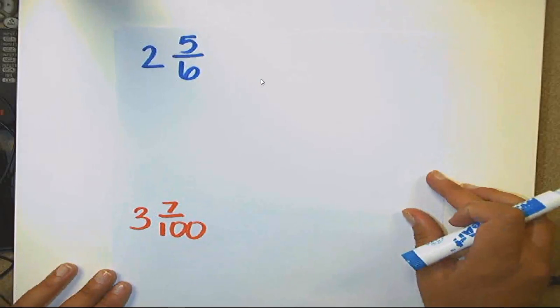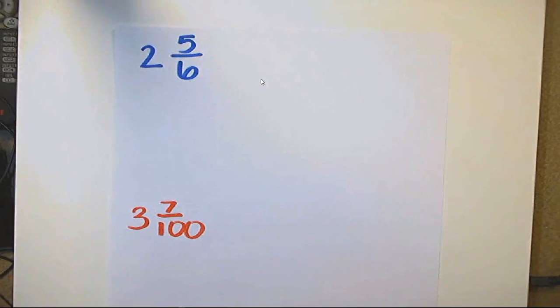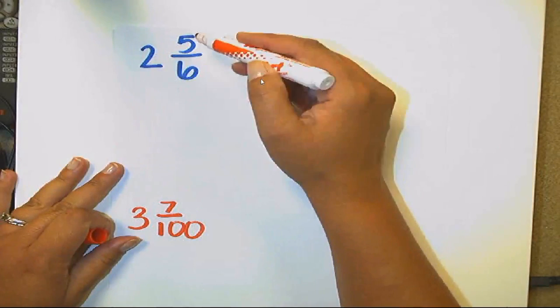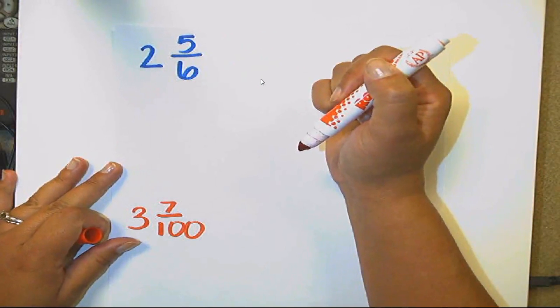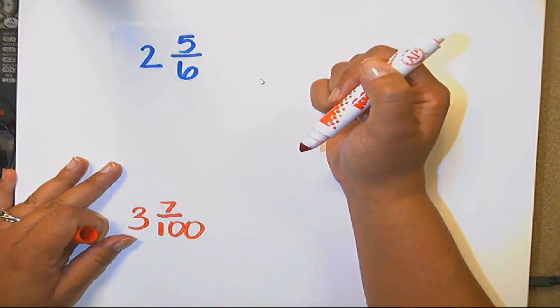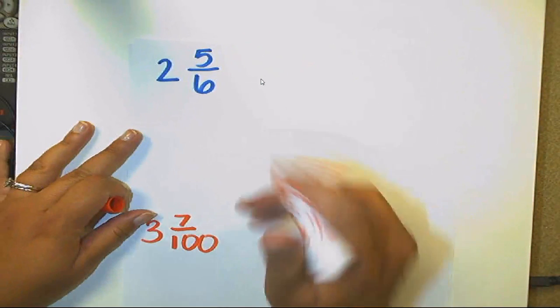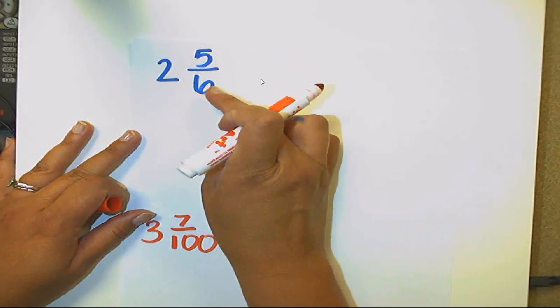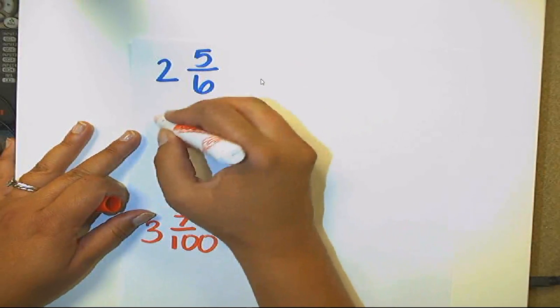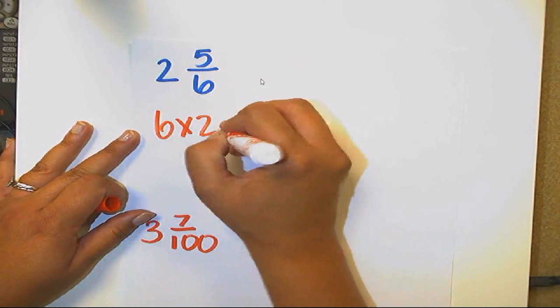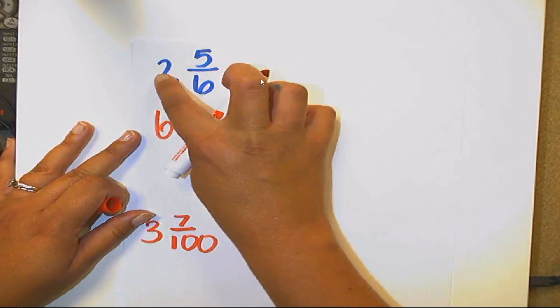This time we won't check our work. We're just going to end when we get our improper fraction. So with this one, we have 2 5/6, and I just want to take that mixed number and turn it into an improper fraction. So again, remember your simple math. You're going to take 6 times 2, or your denominator times your whole number.